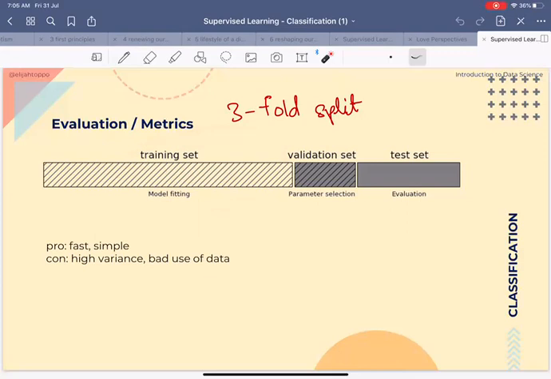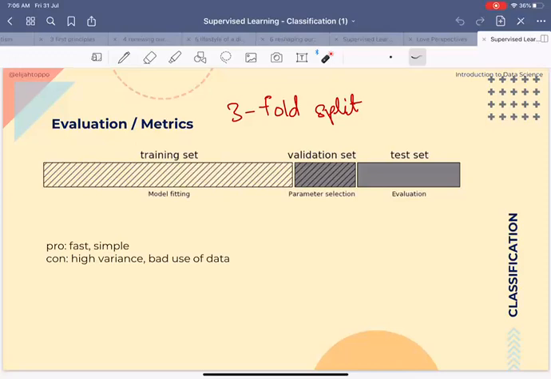So the whole game of machine learning and data analysis is that I need to have enough data to be able to train the model. The model should have enough data to be able to learn the system well. Okay.